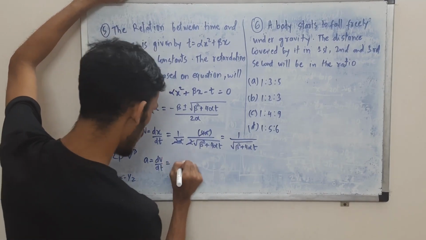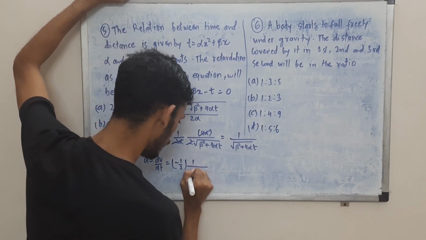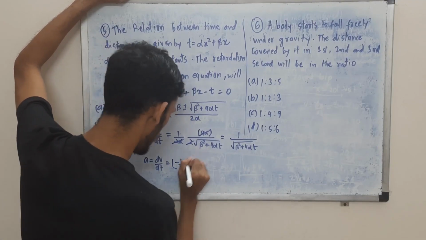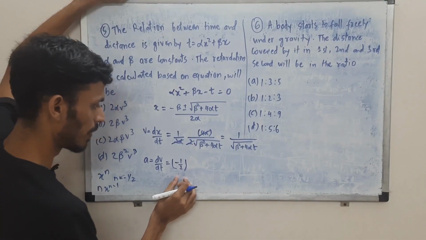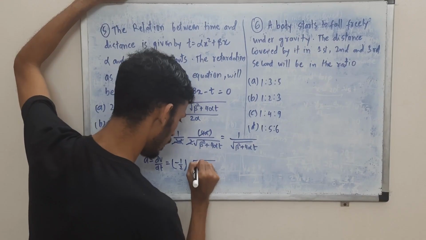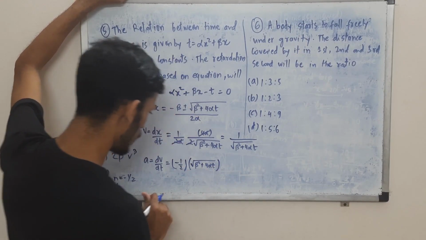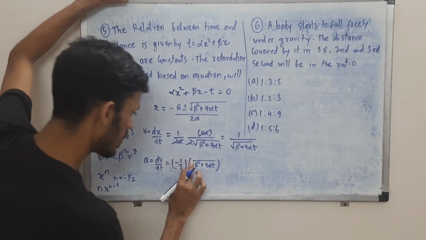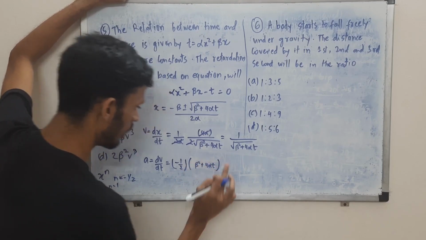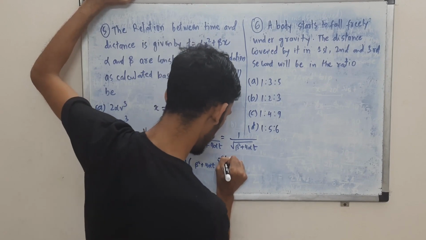So n is minus half, and x is that bracket raised to minus half minus 1, so that is minus 3 by 2, right?